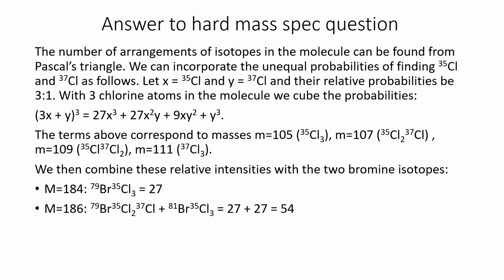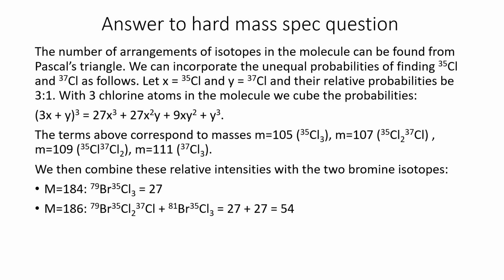What we could do is substitute one of the chlorine 35s for a chlorine 37. That's what we've done first on the left here. We've got the lighter bromine isotope with 2 lighter chlorine isotopes, plus a heavier chlorine isotope. The 2 light plus 1 heavy chlorine isotopes had a relative probability of 27, so we multiply that by 1 for the bromine 79.